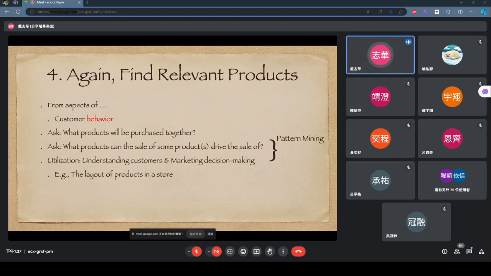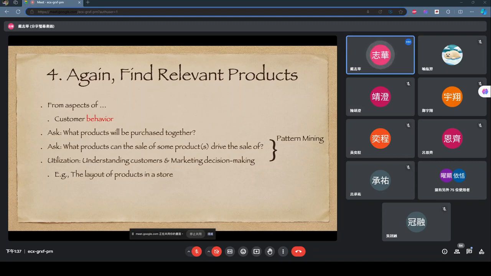Okay, so actually this mining task, pattern mining, is a very classic data mining problem.